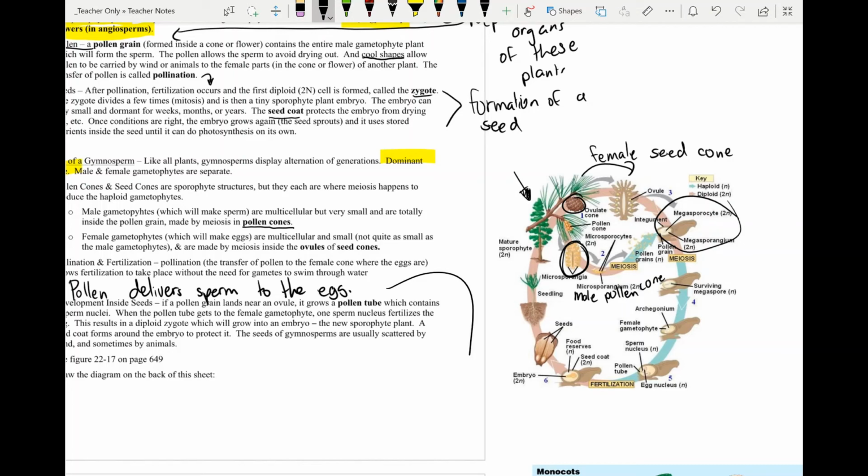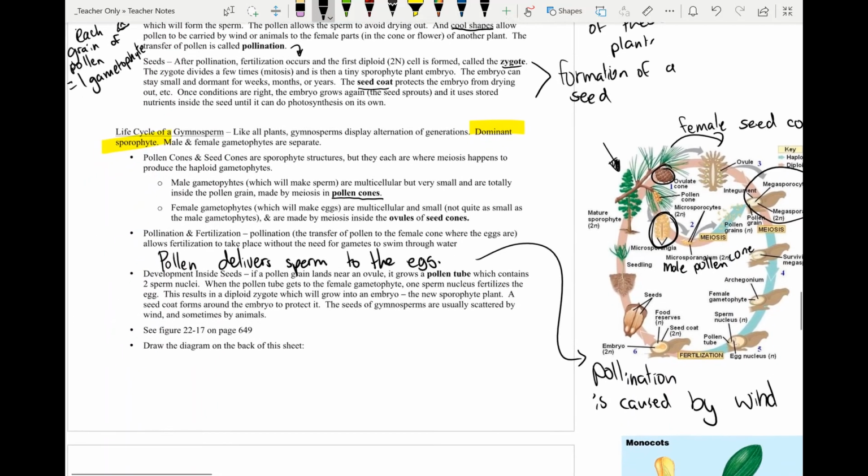Most of these, pollination is caused by wind, which, if you think about it, is what is causing a lot of people's allergies right about now, because these plants release a whole bunch of pollen and then we have an allergic reaction to them. Flowering plants, which have animals that do the pollinating, don't need to use the wind, so there are much fewer pollen grains in the air at any one time.